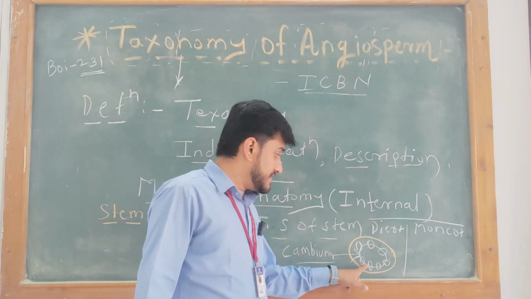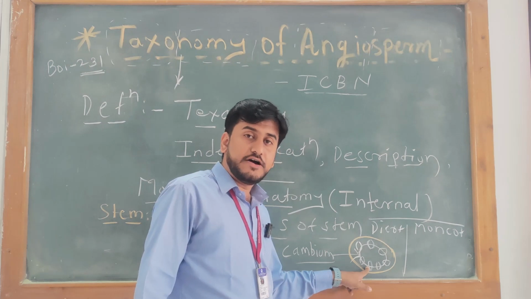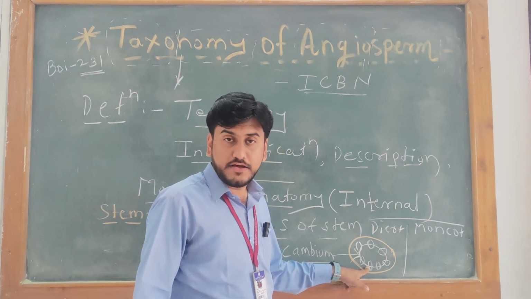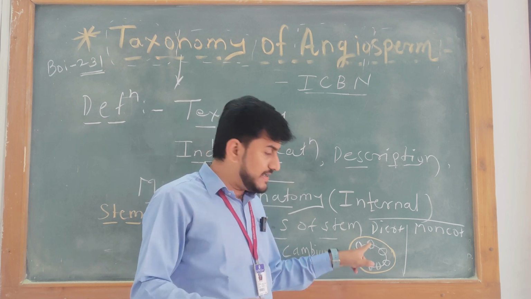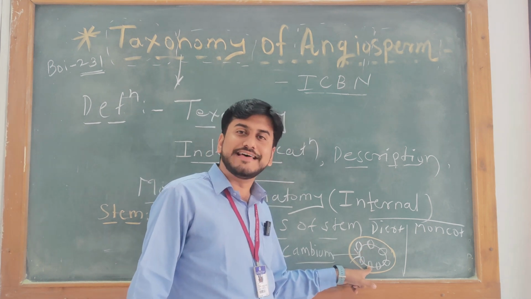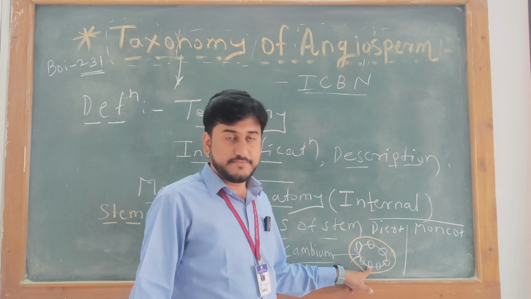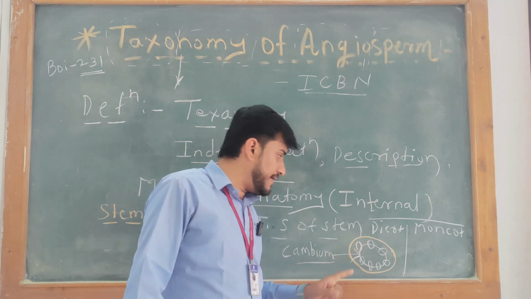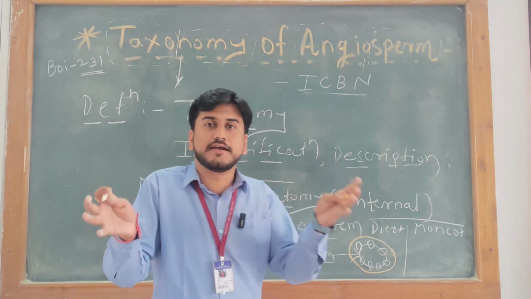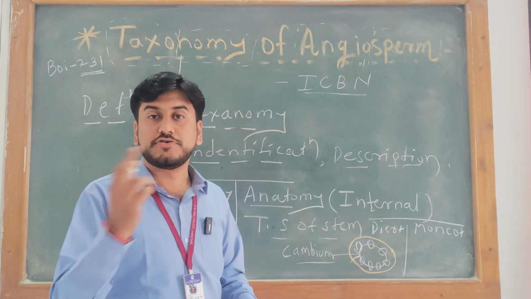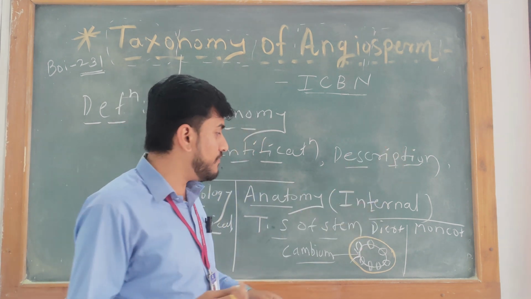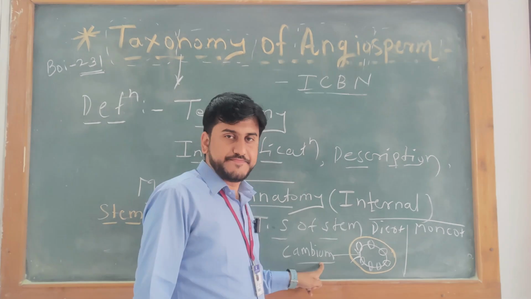This cambium ring is also known as the annual ring. They are formed annually, and this is the basis to calculate the age of the plant. So the dicot plant stem is very hard because the girth of the plant increases due to the cambium rings formed in the stem.